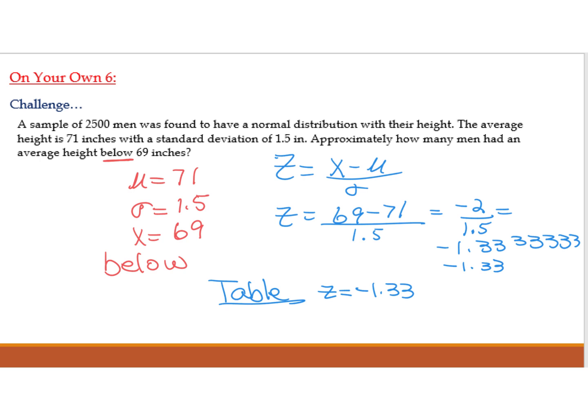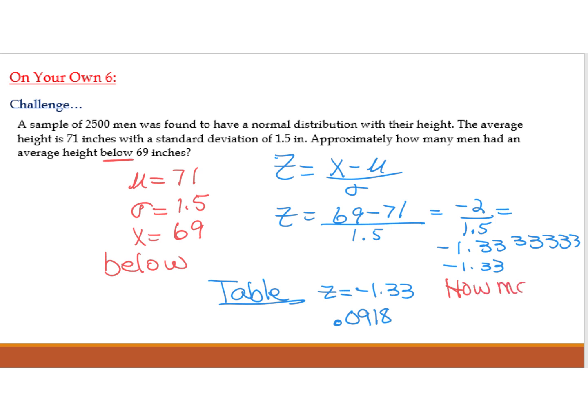And when I do that, and as you can hear, I am looking at my table, negative 1.33 is 0.0918. To get how many men are below, we are going to do how many.